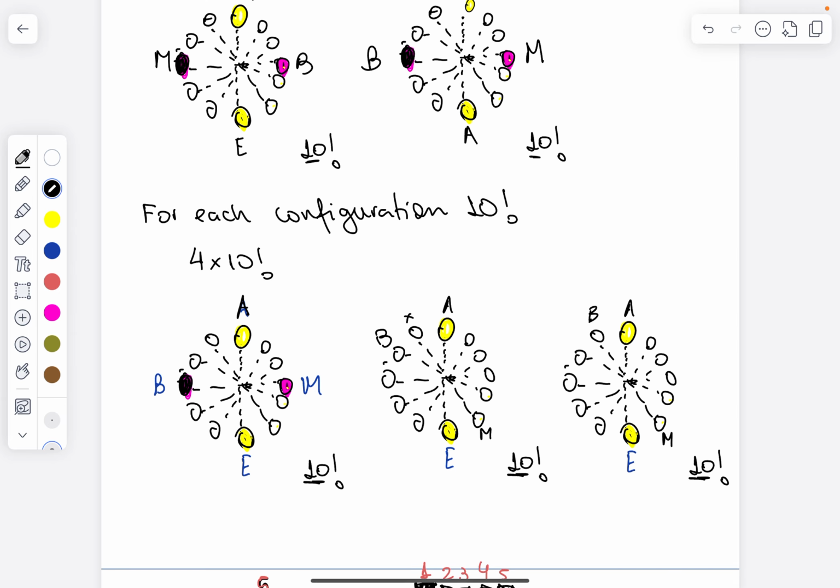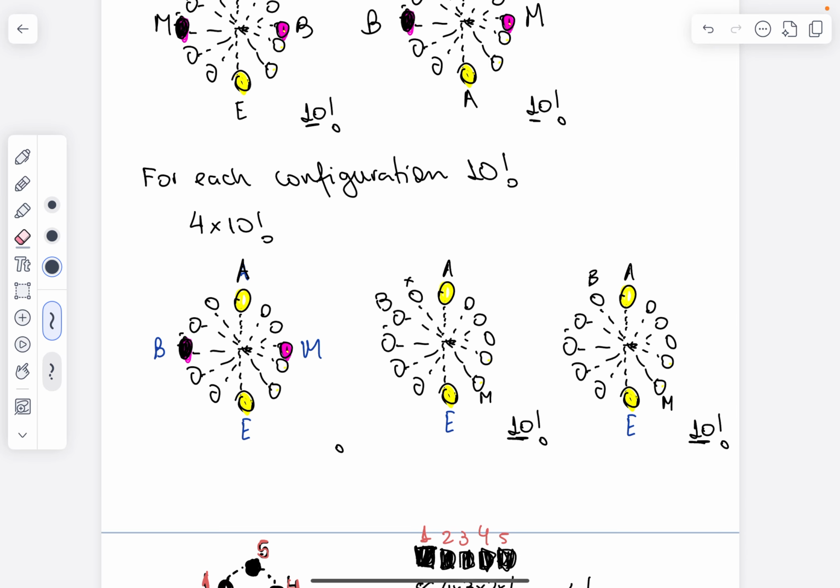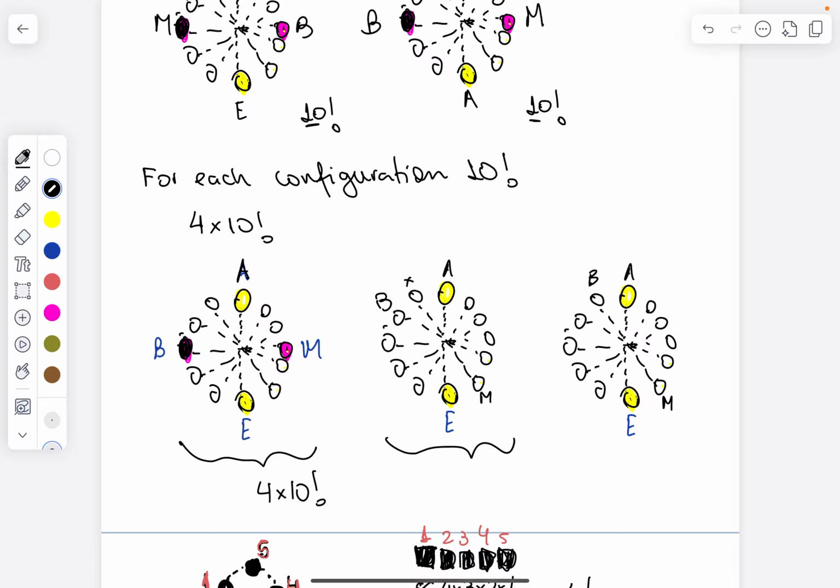So for example, BM could be MB, and inside the calculation for this, the 4 different configurations, this will be accounted for. So in the end of the day, this is not 10 factorial, this is 3 configurations. Each of these 3 configurations will have 4 times 10 factorial arrangements, okay? So in the end of the day, the answer is 12 times 10 factorial.